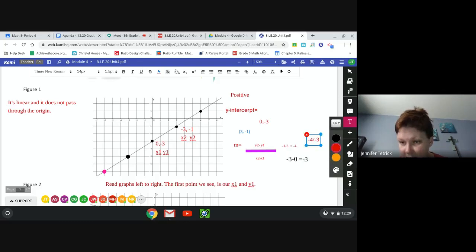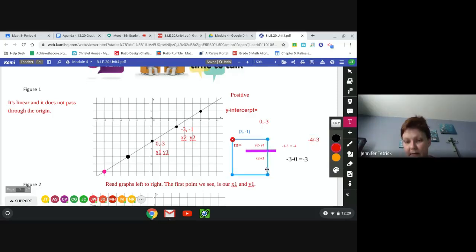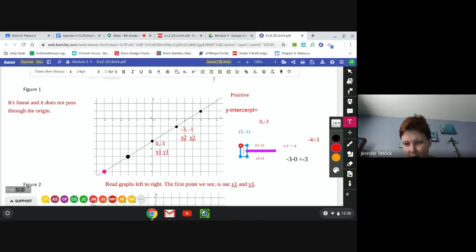What happens to these two negatives? They revert to a positive. And is that more fitting for our slope? So M is equal to a positive rise of 4 for my run of 3.